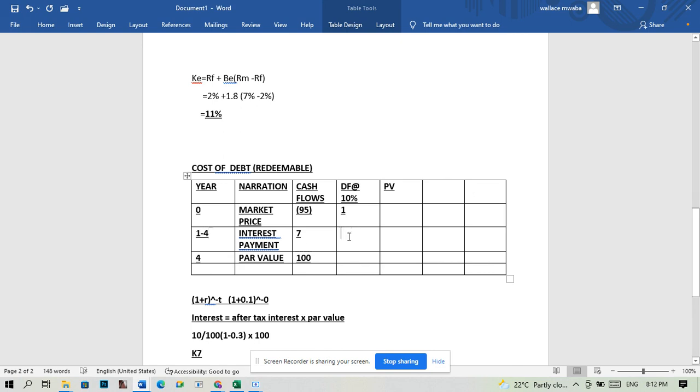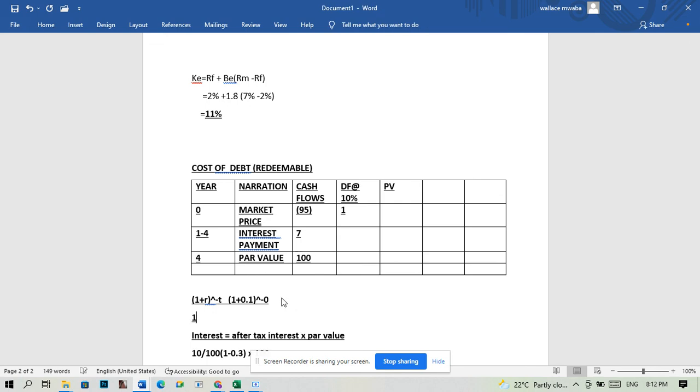repeated payments over a fixed period of time. So for this one, we're going to use the annuity formula, which is 1 minus (1 plus r) to the power negative t, divided by r.